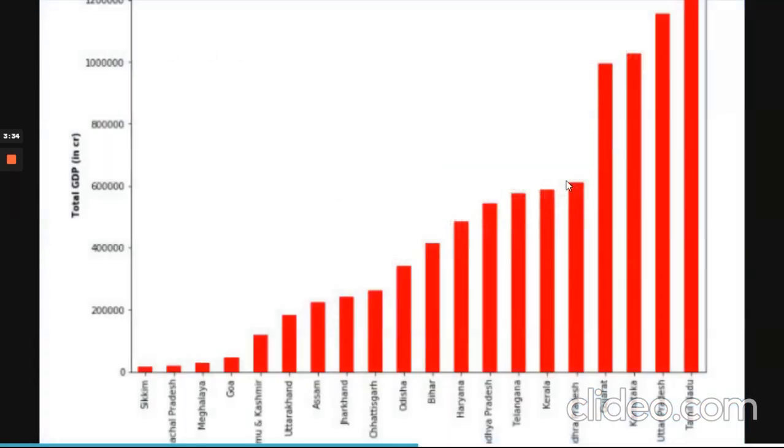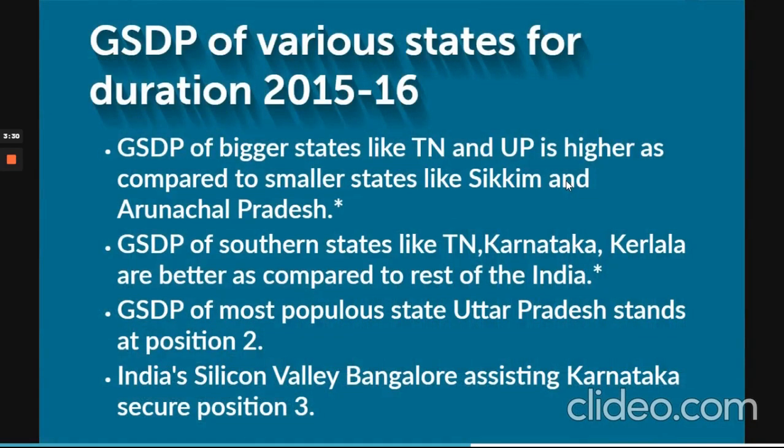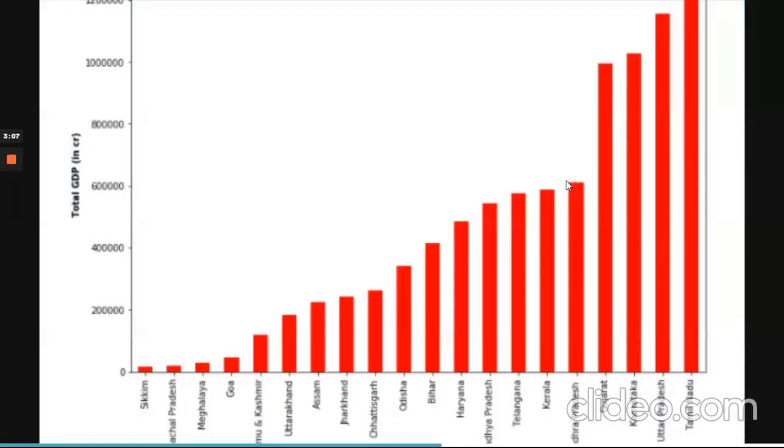Okay. Next you can see another bar graph which will show you the GSDP of various states for the duration 2015 to 16. GSDP is nothing but gross state domestic product. We are just adding state. From this graph, you can see the GSDP of bigger states like Tamil Nadu and Uttar Pradesh is higher as compared to Sikkim and Andhra Pradesh.